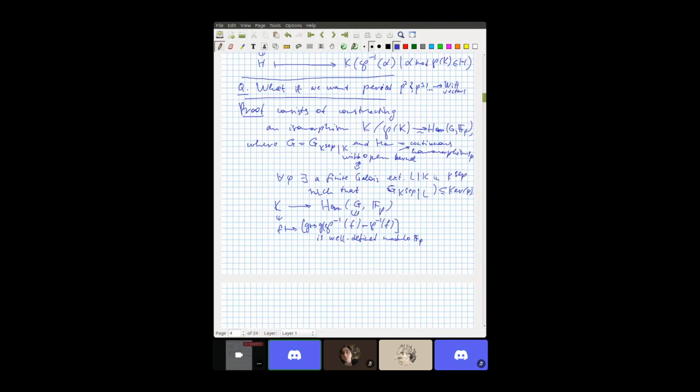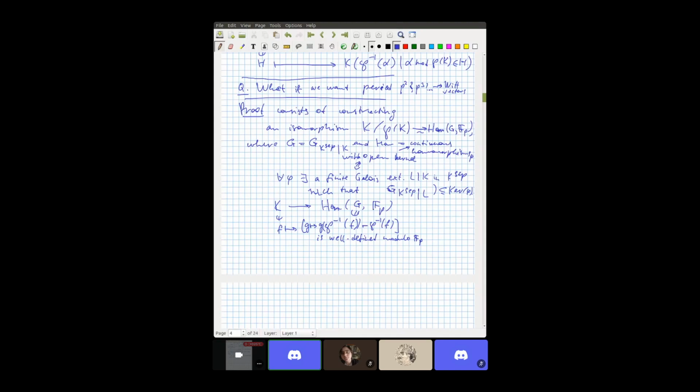Actually, this is a homomorphism. By the way, we have not checked that this is a homomorphism in the multiplicative case, but it is an exercise. It's easy to check that this is a homomorphism from G to Fp.